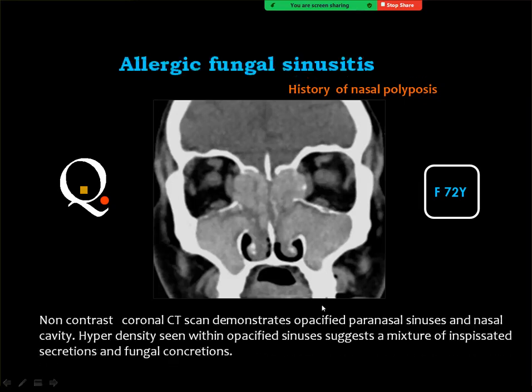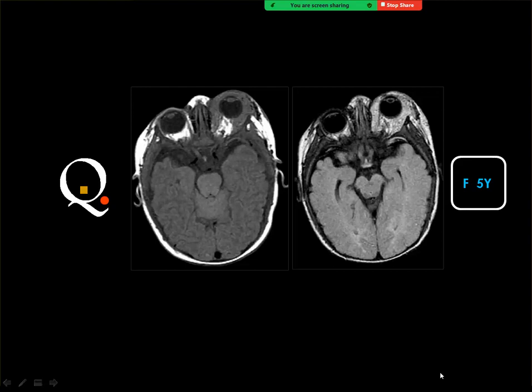And this is the case where you see extensive opacification of the ethmoidal air cells and the maxillary antra, as well as the nasal fossae, with hyperdensities characteristic of fungal infection.